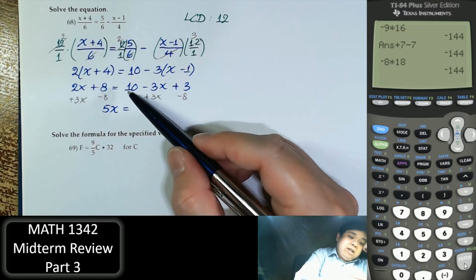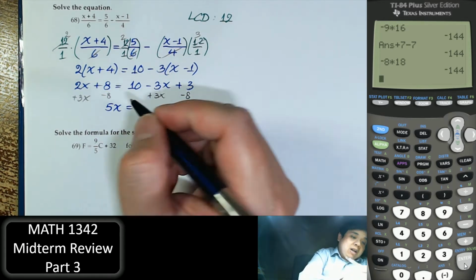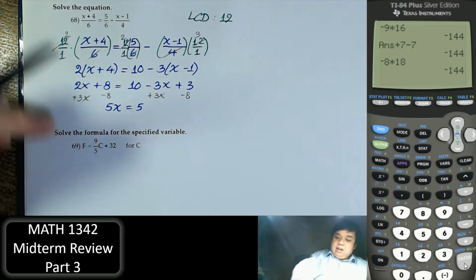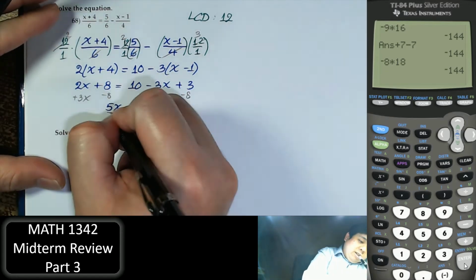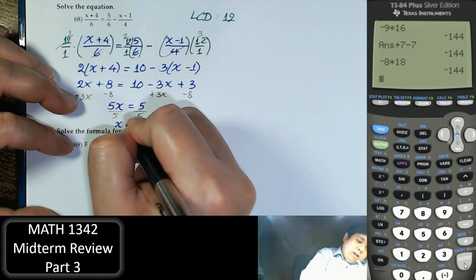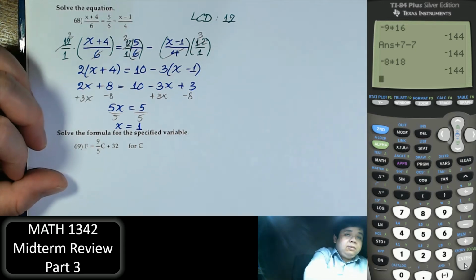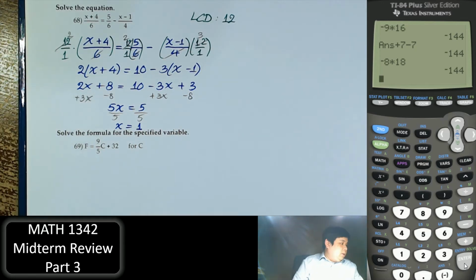The right side we have 10 plus 3, that's 13 minus 8 is 5. And then divide by 5 on both sides. We get x by itself, x equal to 1. So that's what we have.